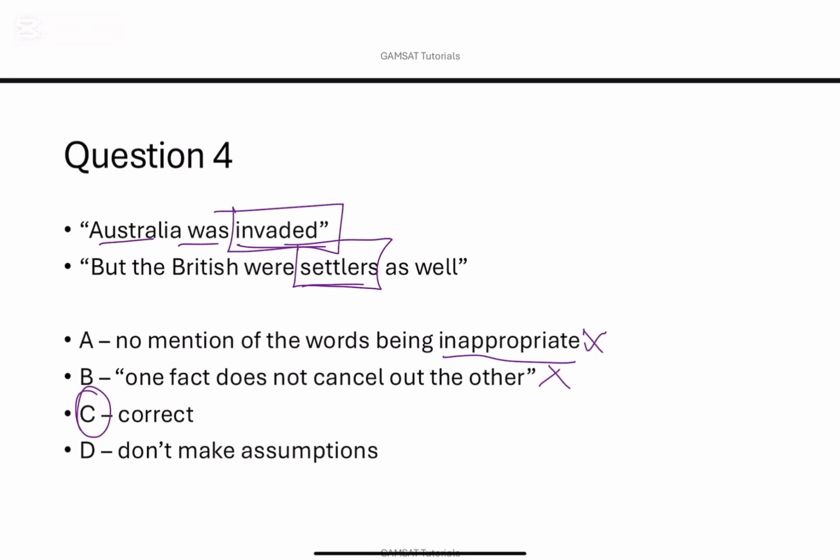It's not drawing a time in history saying it was invaded until this date and settled from this date onwards. It's just saying it was invaded and it was settled. It may both have happened at the same time, or one after the other. There's still debate about whether that happened and how it's to be interpreted. So D is wrong, and please don't make assumptions.